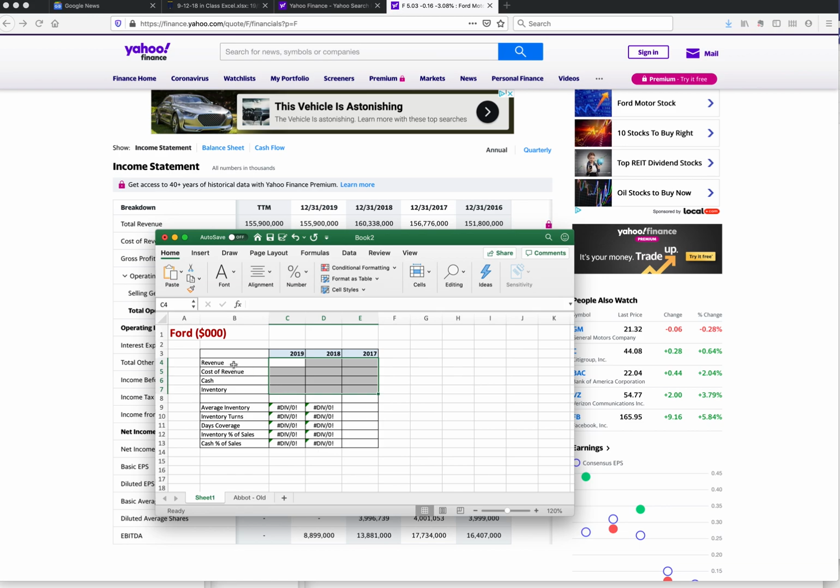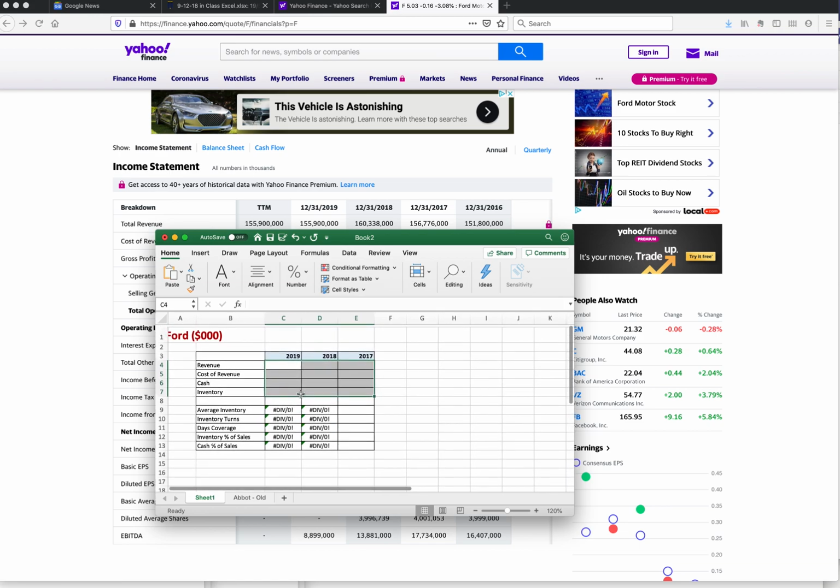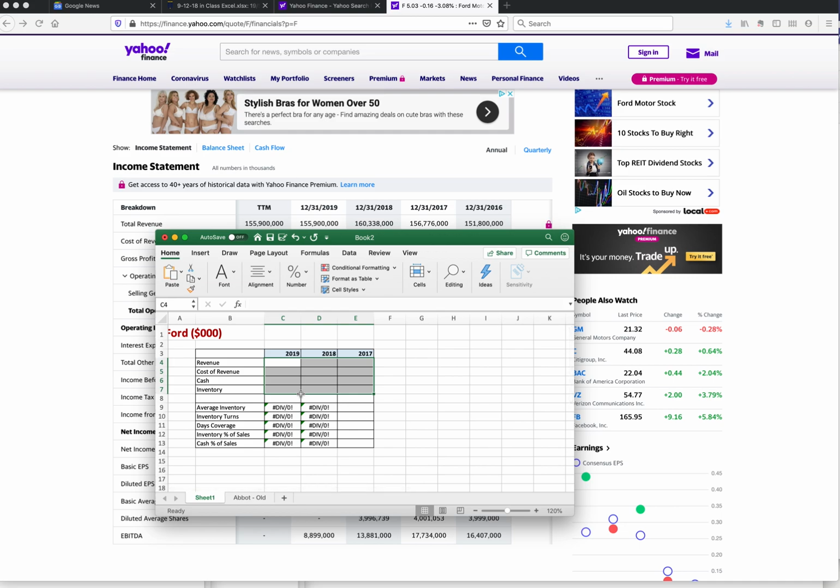So I am going to enter the revenue for 3 years, the cost of revenue, which is the cost of goods sold, cash, their cash position, and their inventory level. Then I want to calculate the average inventory, which is the average of the 2017 and 2018 inventory, and likewise 2018 and 2019.